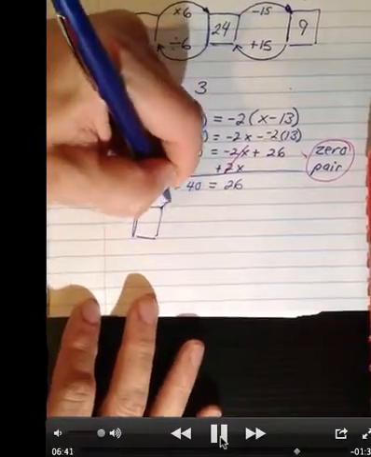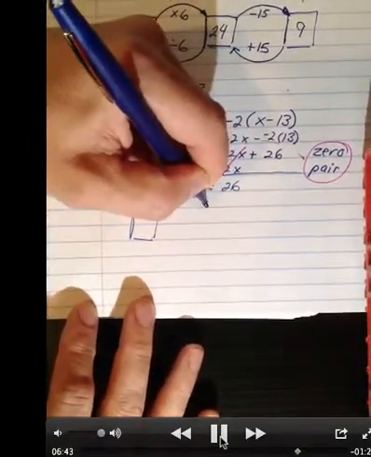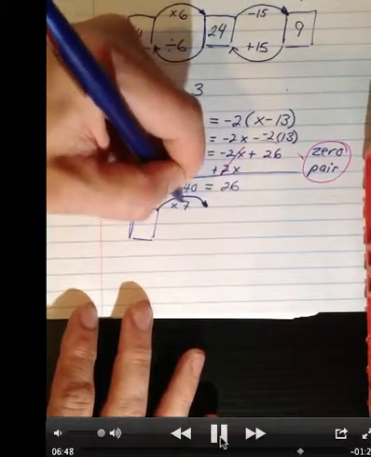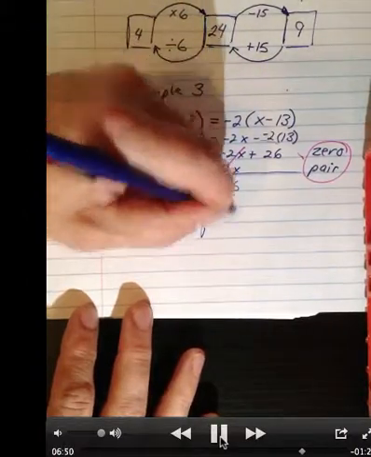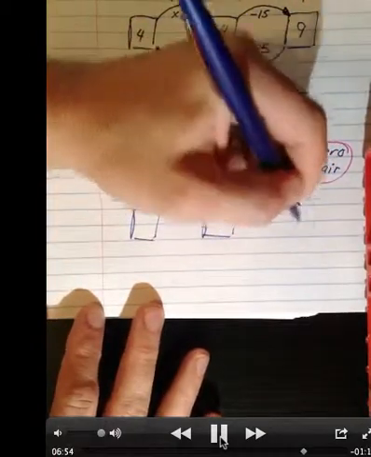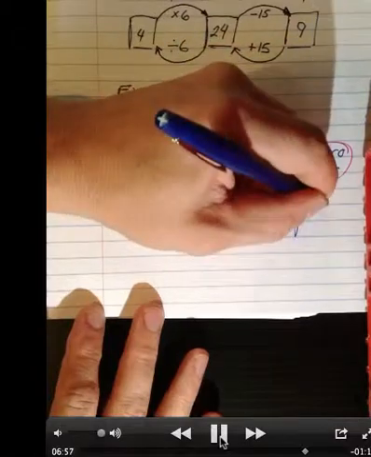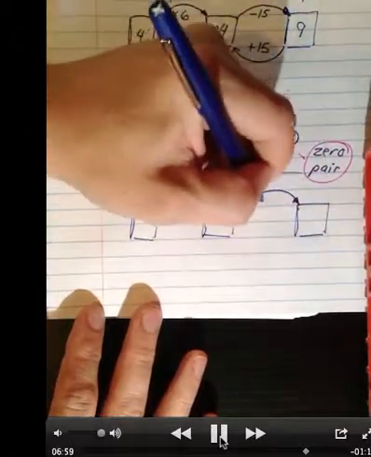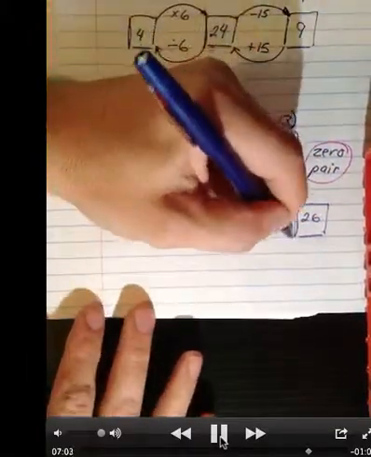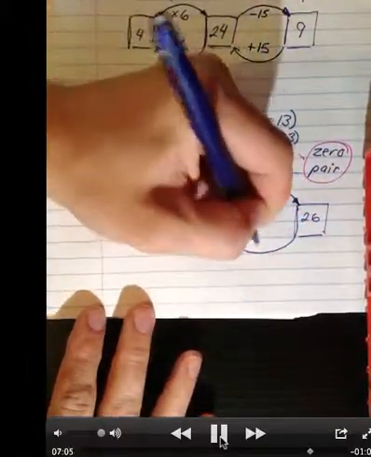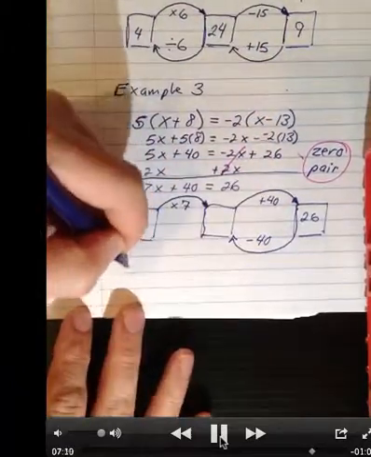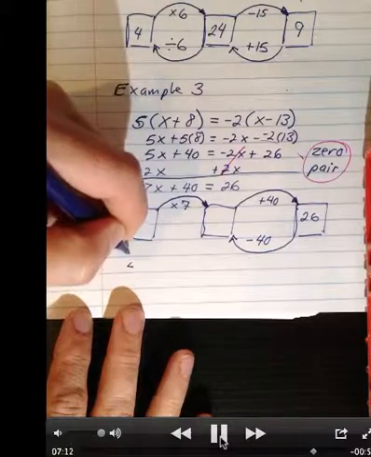There was a number, it was multiplied by 7. 40 was added to it. And it became 26. So backtracking, I'm going to subtract 40 from 26.